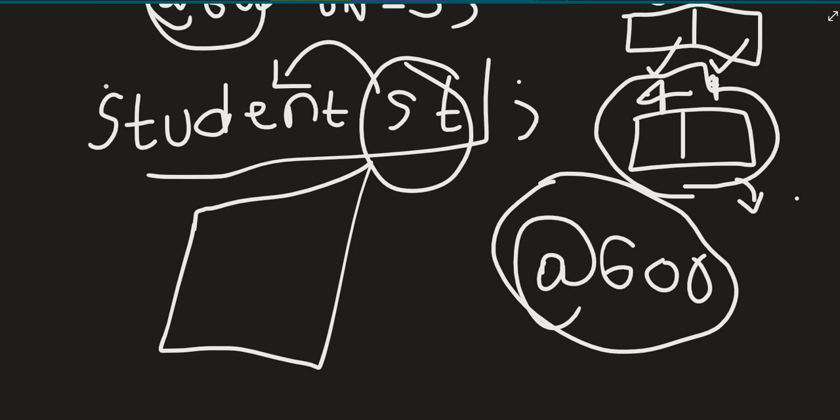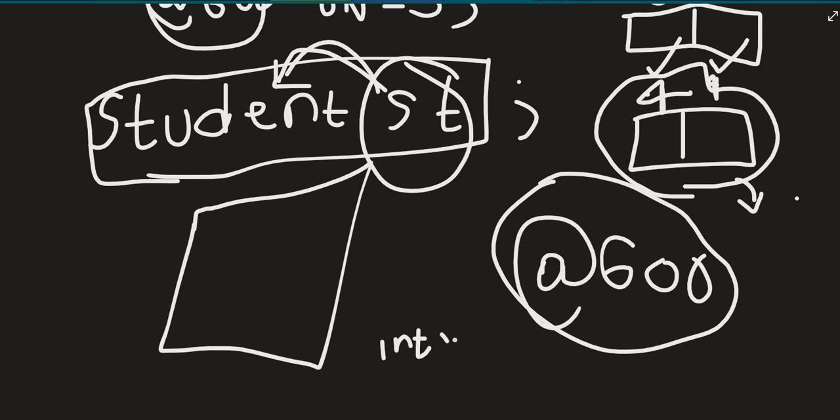That location is student st. Student st is the address, and the type is student type. This is the structure of the memory. You should have the student type. Like int x is equal to 4, that means it creates some memory, but the type is int.